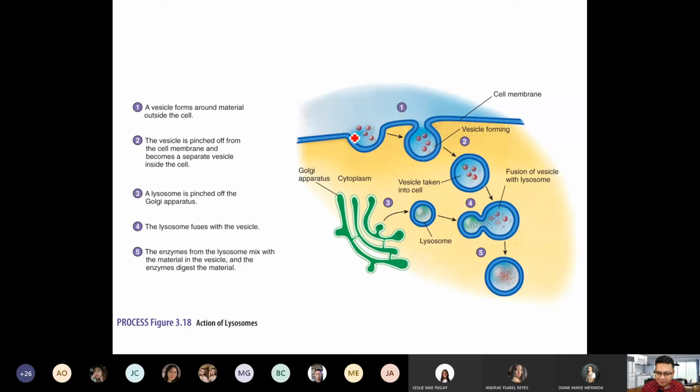Kumbaga, magkakameron siya ng vesicle. Magkakameron ng vesicle formation. Papasok yung vesicle within the cell. Magre-release ngayon ng ating lysosome. This is a vesicle containing our compounds that can destroy foreign materials. Magdidikit yung dalawang vesicle. Mag-join together yung dalawa. Then eventually, papatayin lahat ng laman.